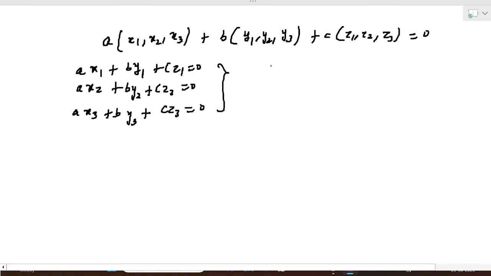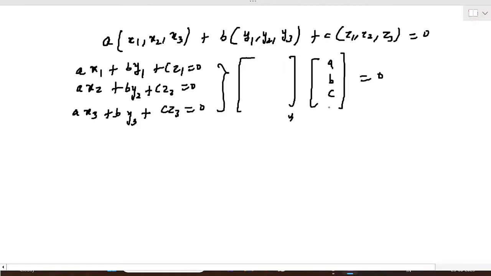Now if you see, if I write it in matrix notation, what I will get? Eventually this is the matrix x1 x2 x3, and this I think is quite clear.